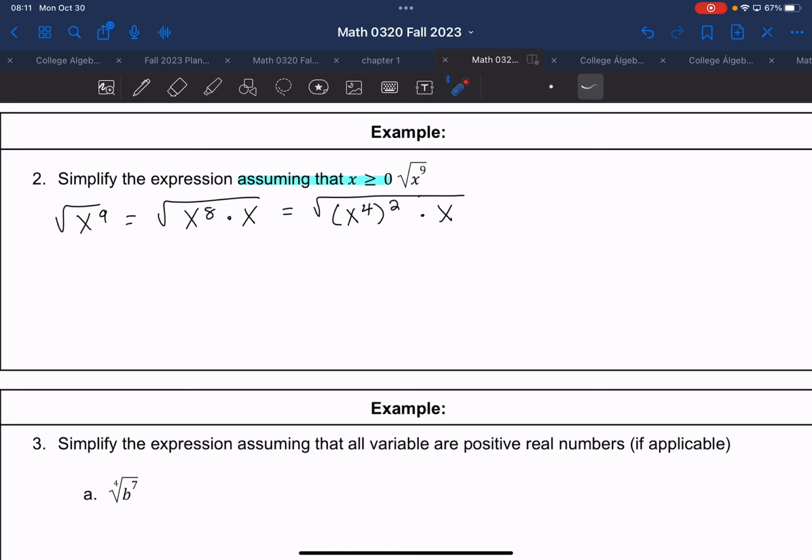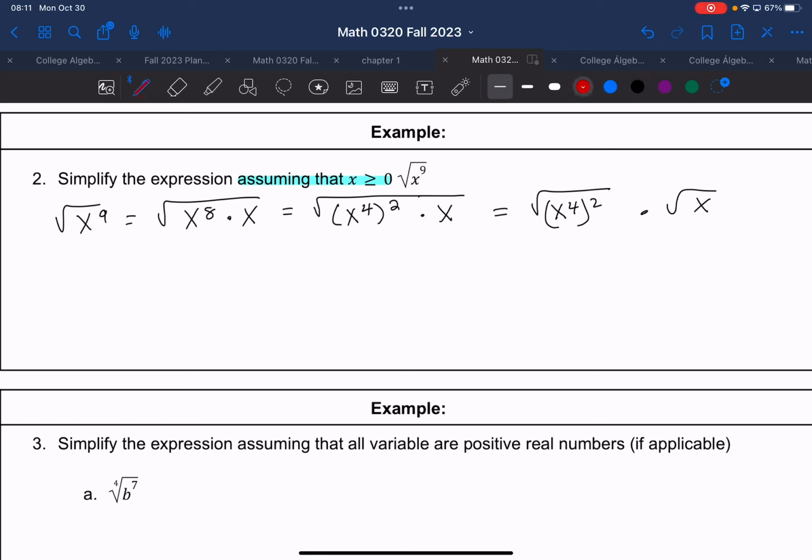Okay? Now using the property we just learned, we can separate this radical into two parts. We could separate this into the square root of x to the 4th squared times the square root of x. Is anything going to cancel in this statement?